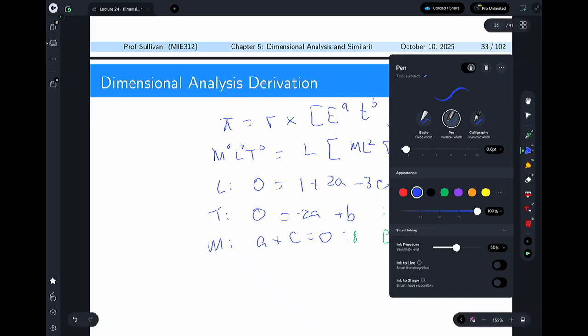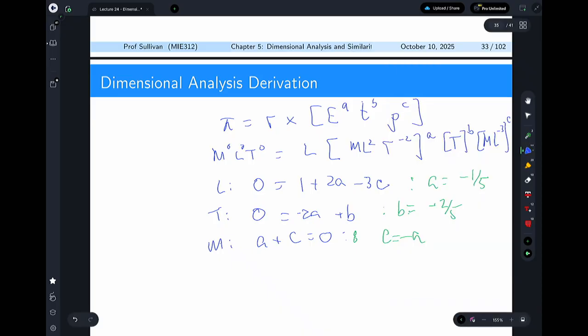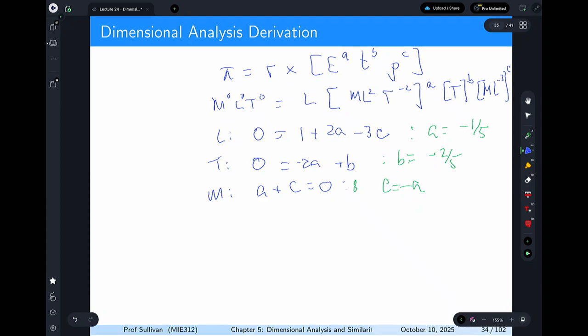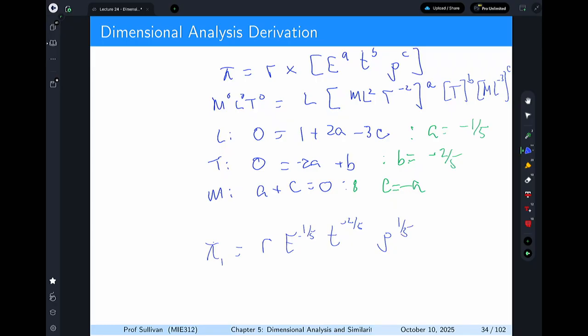There we go. So my pi group is going to be R E to the minus 1/5, t to the minus 2/5, and rho to the 1/5. Or it equals R over E to the 1/5, rho to the 1/5, and t to the 2/5.